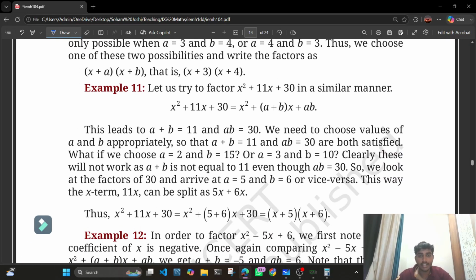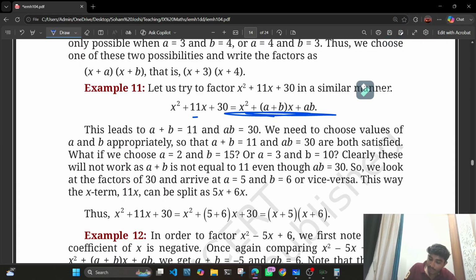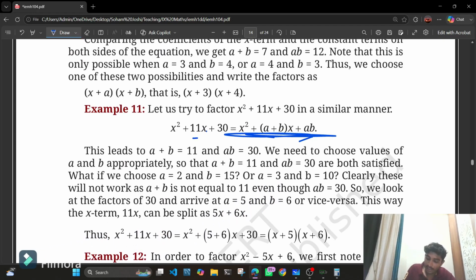But similarly, we can find it in this way. Let us try to factorize this part. Basically, we need to find values such that a plus b is equal to 11 and ab is equal to 30. You can take the values maybe 10 and 3, no, you can take 5 and 6. 5 plus 6 is 11 and 5 times 6 is also 30.